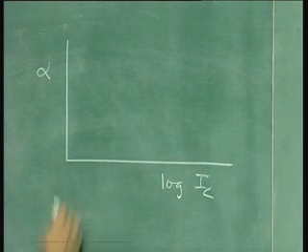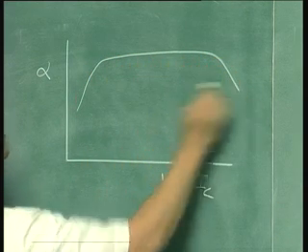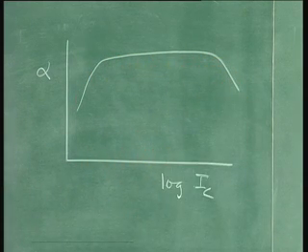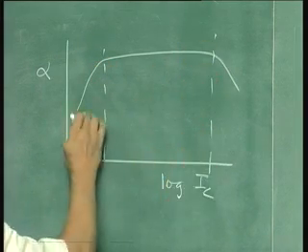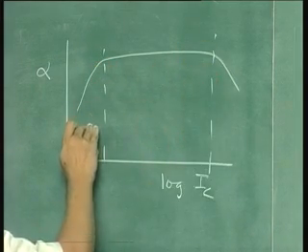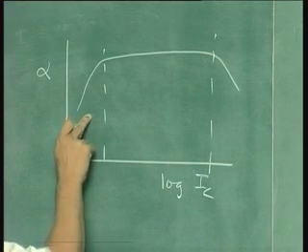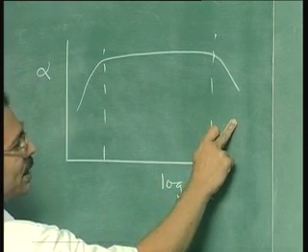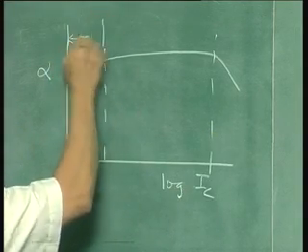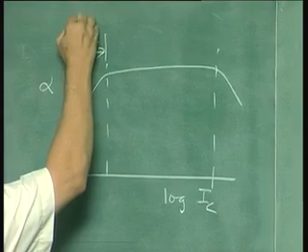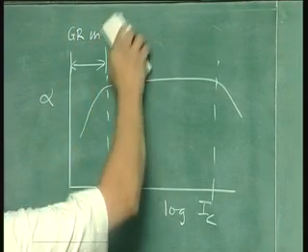So the behavior looks something like this. This is for alpha. In both these regions alpha is low because of low injection efficiency: here because of generation recombination in the emitter depletion layer, and here because of high injection level in the base.